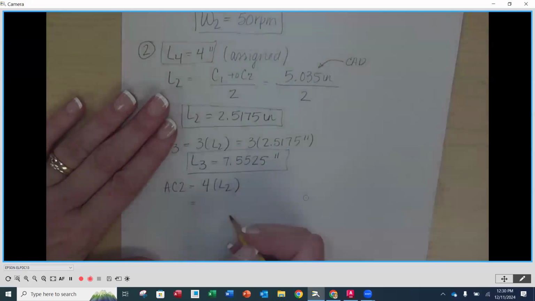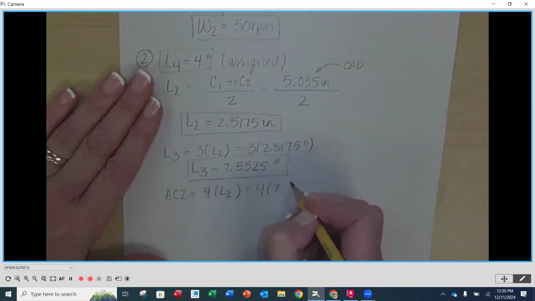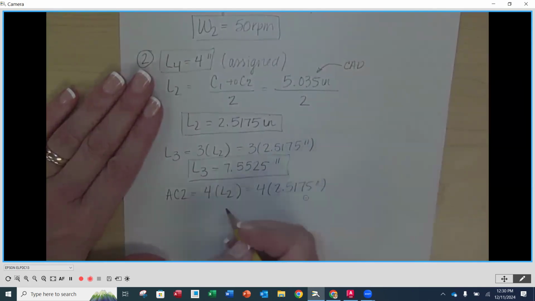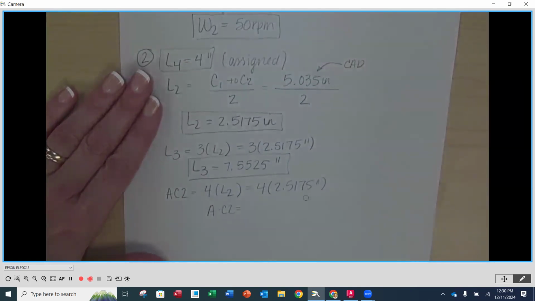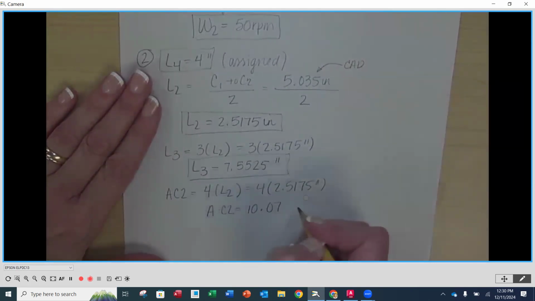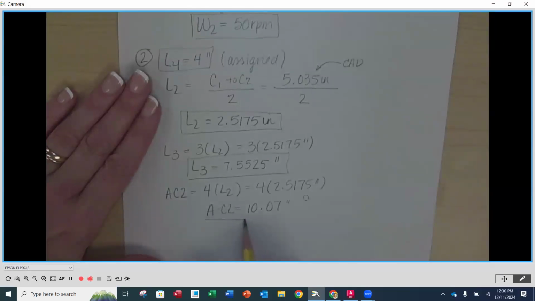So to get that AC2, we're going to take 4 times 2.5175 inches. So my AC2, the distance from A to C2, you get 10.07 inches. Should all be punching it in? Yeah. Okay. We got some nods. All right. So this is where we're going to know where to place A.